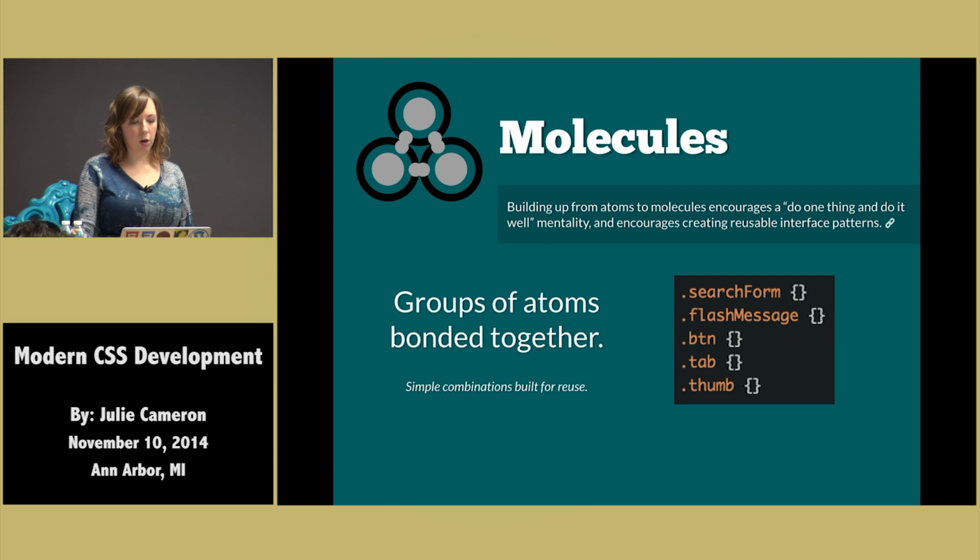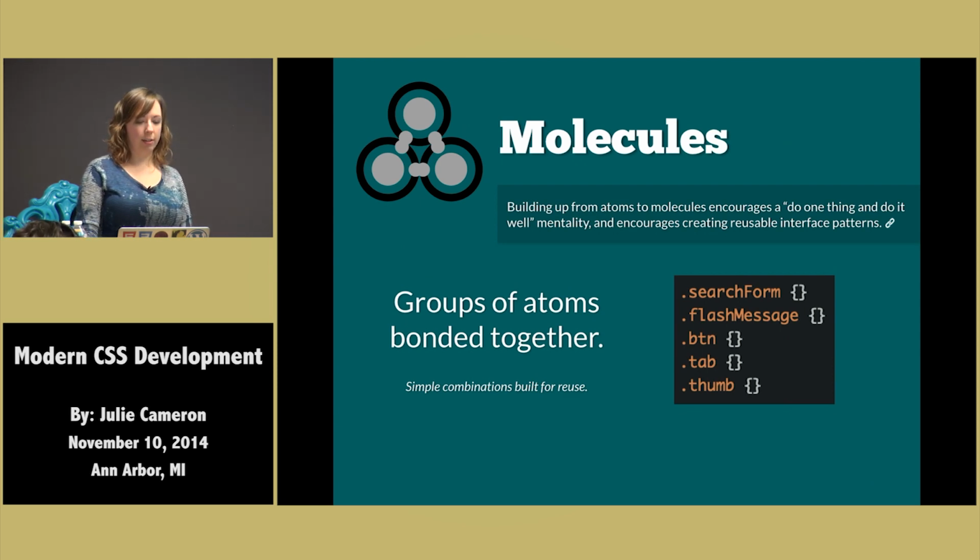Your molecules are groups of atoms bonded together. He's going very, very scientific with this. That's the definition of a molecule in science. But these are similar to SMACSS modules, except a little bit smaller and a little bit simpler. They're combinations built for reuse, and one of the things he says is building up from atoms to molecules encourages a do one thing and do it well mentality and encourages creating reusable interface patterns.